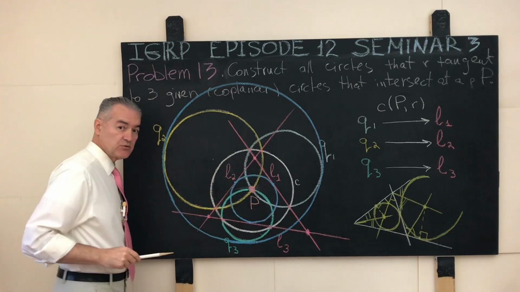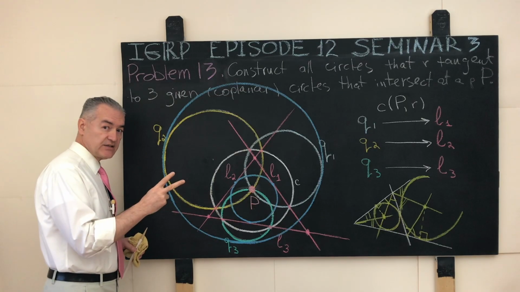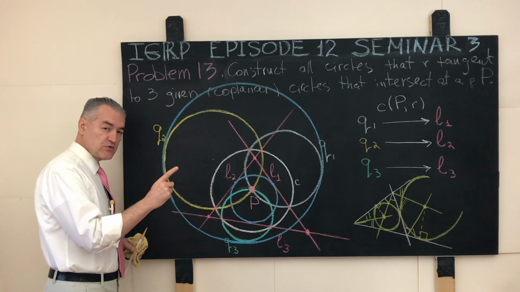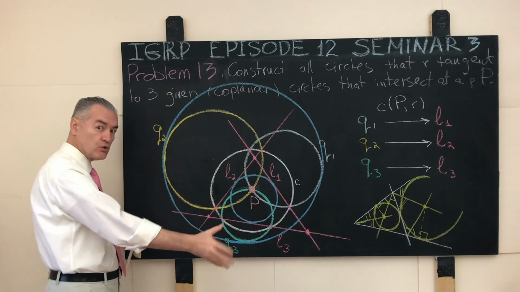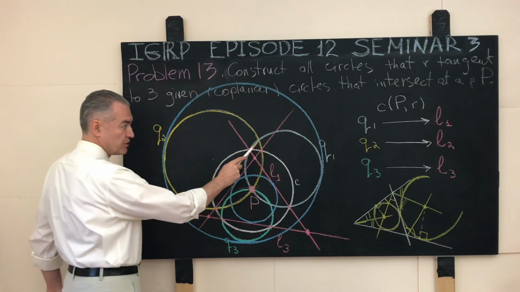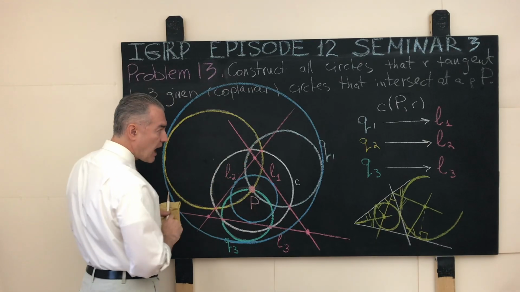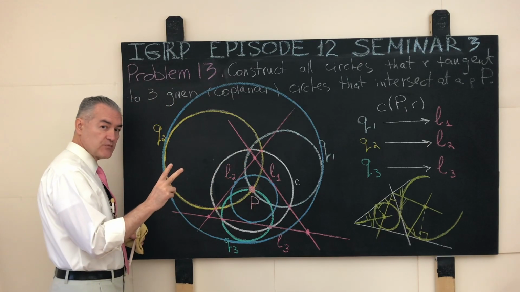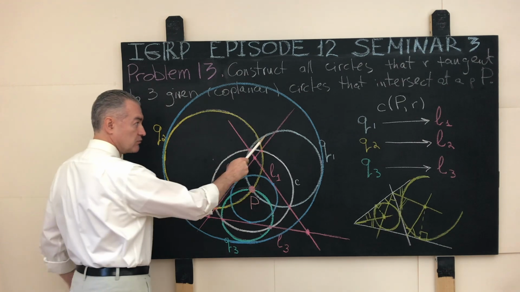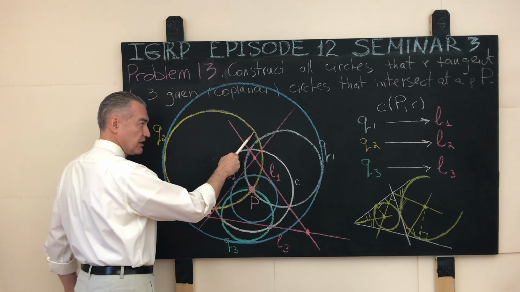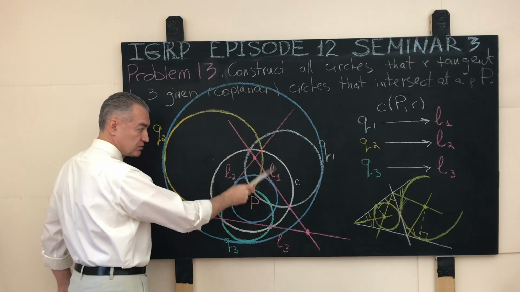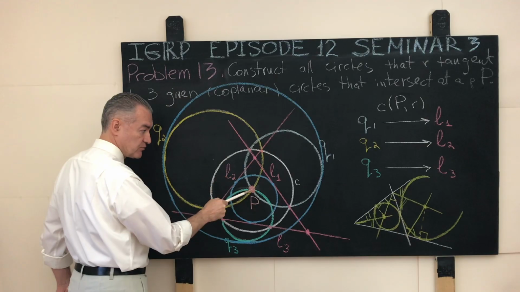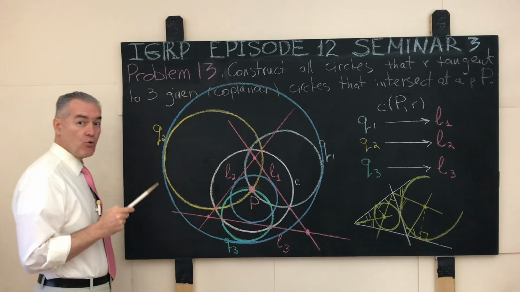Remember, in the previous segment we had the discussion. A set contains two objects. One object is private to that pair of circles. The other one is common to all three circles. So this point over here is common to two objects at once. It belongs to the light blue circle and it belongs to the yellow circle here. But the image of that point under the chosen inversion, that point is distinct from the center of inversion, will be a point that is what?